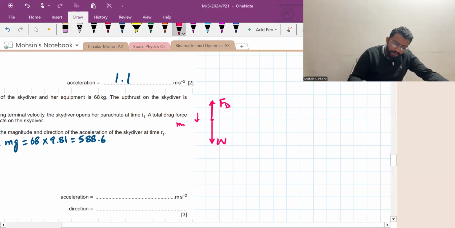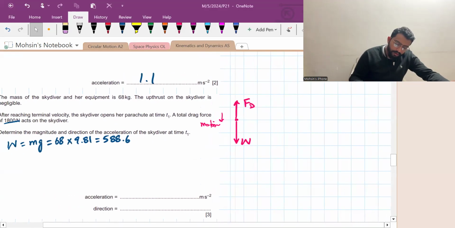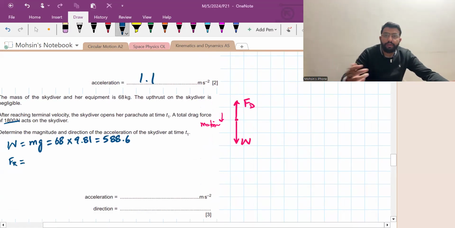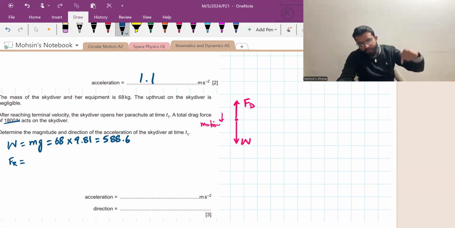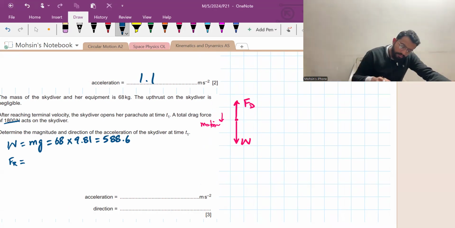Since the motion is down, in order to find the resultant force, we subtract the smaller force from the greater one.